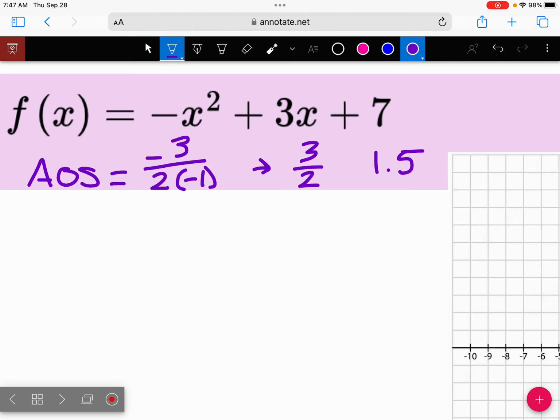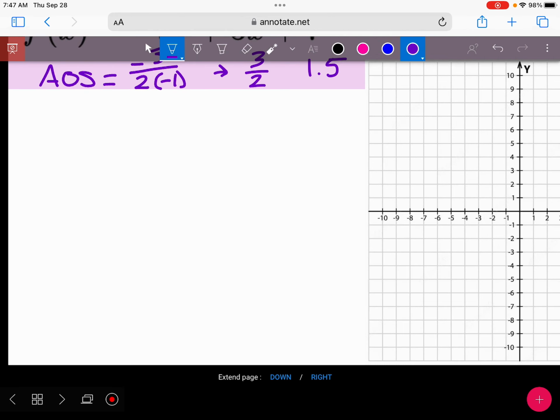So when we go to our table, we're going to pick some nearby points. If you want to do the 1.5 to get your actual proper vertex, that is great. We don't have to. Our axis of symmetry tells us 1.5 is the middle, which, since we're using calculators, we can absolutely do.